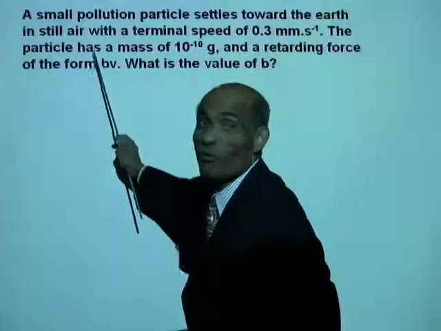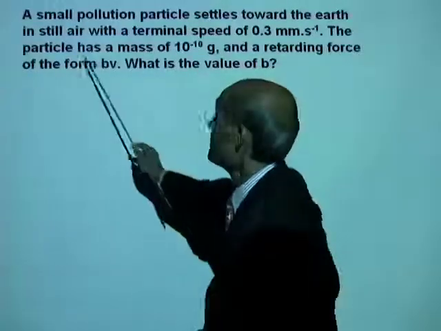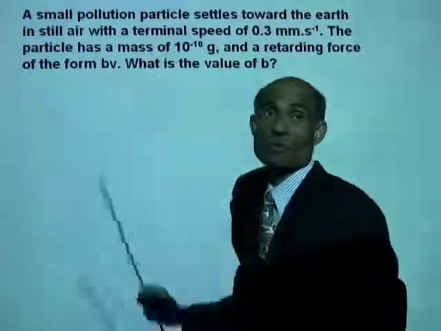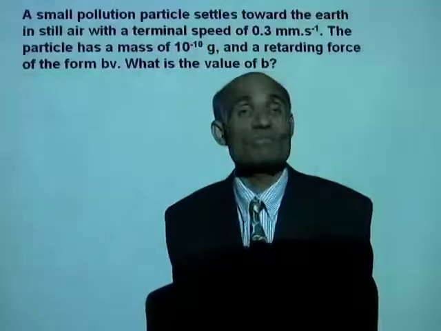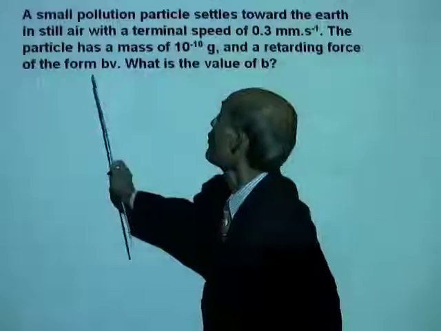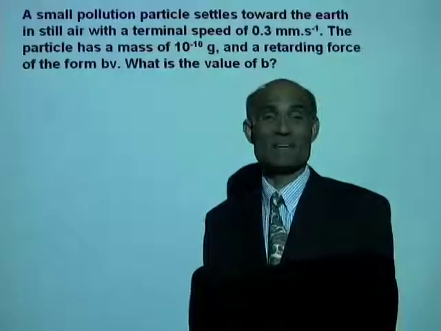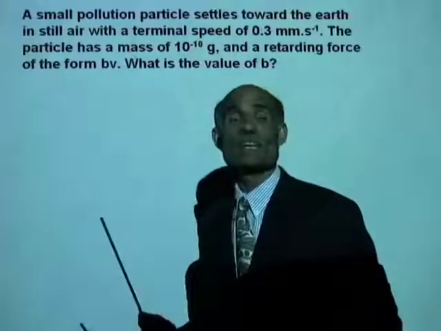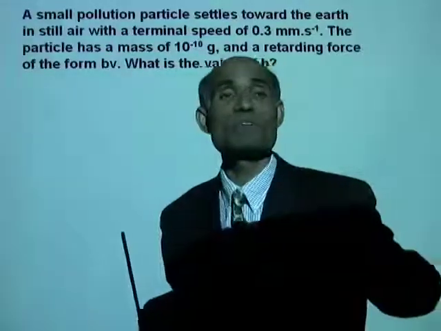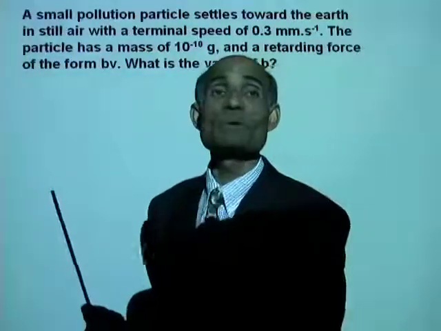The mass of that particle is 10 to the power of -10 gram. And the retarding force is of the form B times V, which means the retarding force or the drag force equals BV.